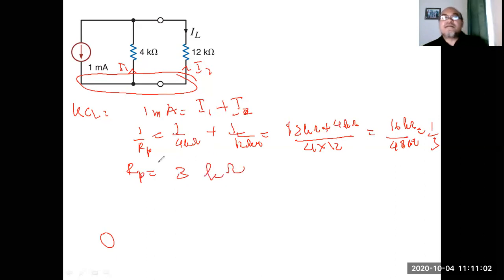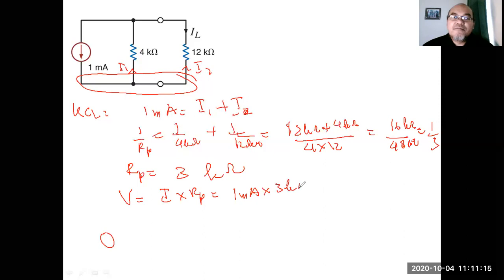Here's the equivalent parallel resistor. Remember passive sign convention, the voltage here equals the current multiplied by Rp, so 1 milliampere times 3 kilo ohm equals 3 volt. So this bottom point is 3 volt higher than the upper point.